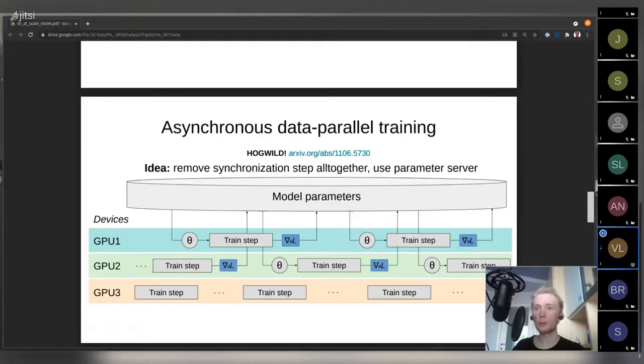By the time we add new parameters, we already had this update, and this update didn't in any way influence this learning step. This is called the problem of stale gradients. The gradient is stale because it's long overdue. And this is a real problem, and this trains worse.